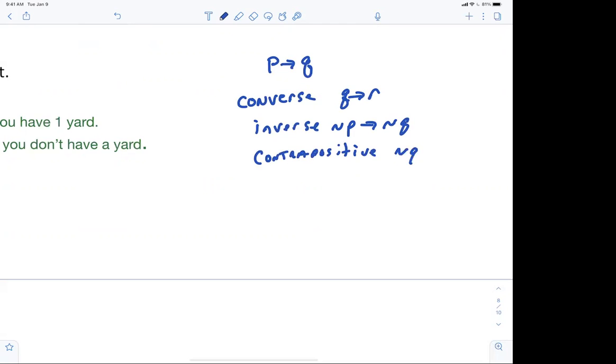If not Q, then not P. That's the converse, the inverse, and the contrapositive. Remember, the contrapositive is always true if the conditional is true. And by the way, that is the conditional. That was a good question.